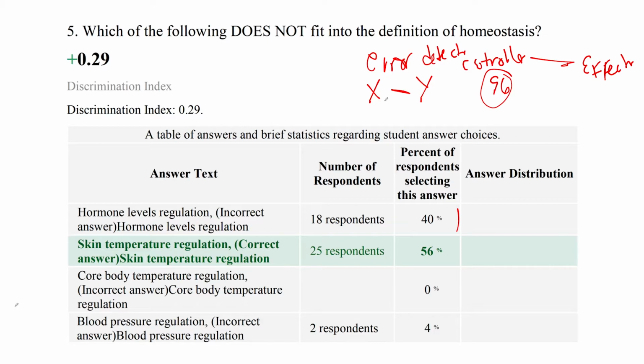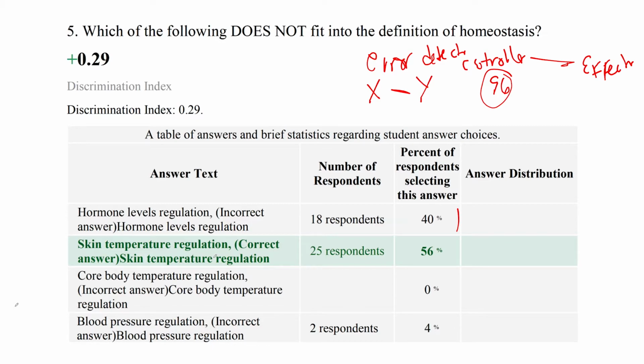So there has to be an actual variation in the extracellular fluid regulated variables. The core body temperature is a regulated variable. The skin temperature is not a regulated variable. So that's why this is the correct answer.